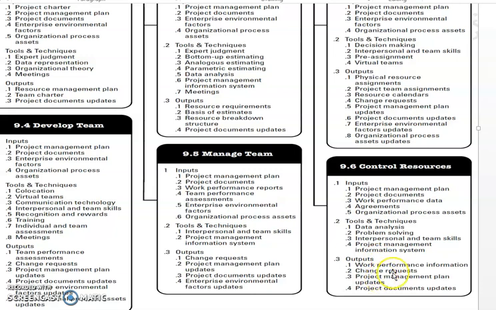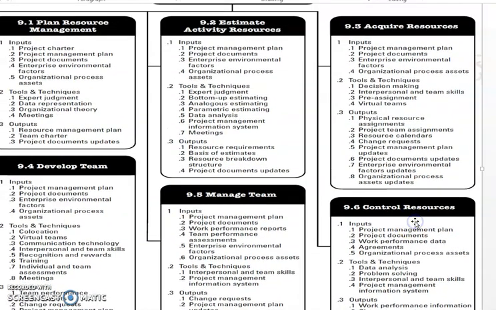Outputs: work performance information. When you learn earned value management, you will come to know how we can assess this work performance information, and based on that you can take certain actions. Change request, project management plan updates, project document updates. So these are the processes involved in resource management.